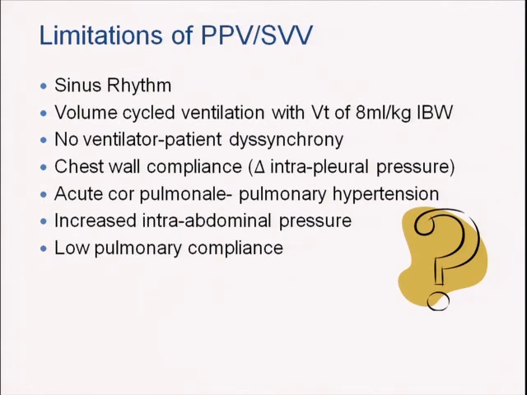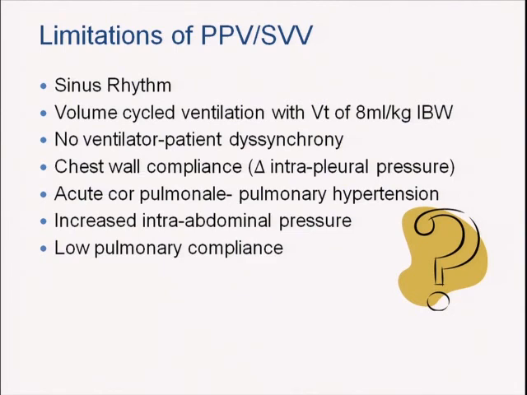There must be no patient-ventilator desynchrony. It's markedly affected by changes in both chest wall compliance and pulmonary compliance. It becomes inaccurate in patients who have cor pulmonale or pulmonary hypertension, and in patients who have increased intra-abdominal pressure.